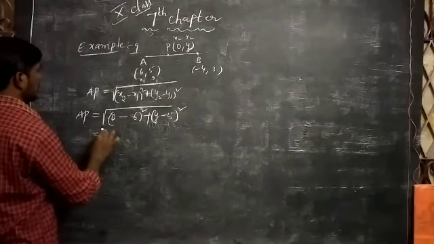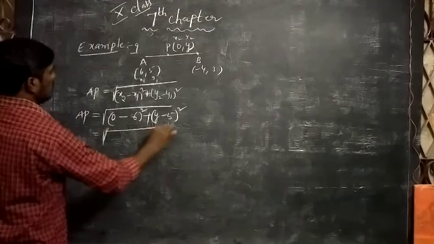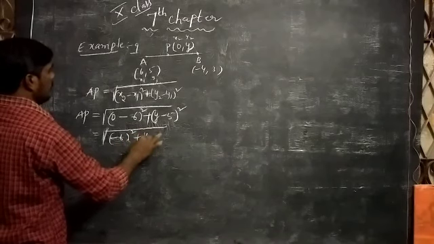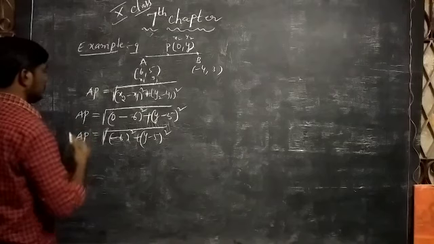So 0 minus 6 whole squared plus (y minus 5) whole squared, that is equal to AP.